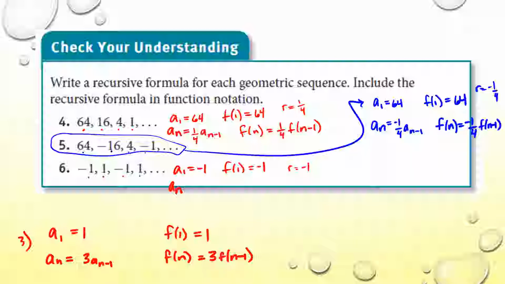So a sub n would have to be negative a sub n minus 1, or negative 1 times a sub n minus 1. I'm going to usually leave a negative 1 off of it, so it would just be negative. So f of n would have to be negative, or opposite of the function at the term before the one I'm looking for.